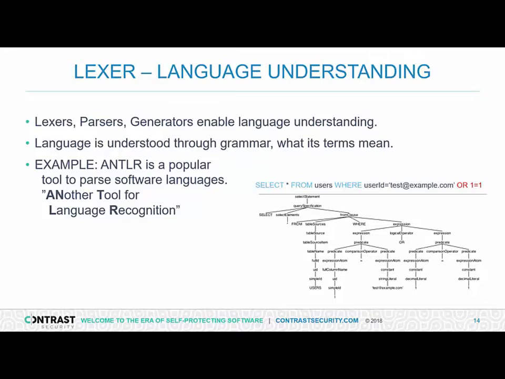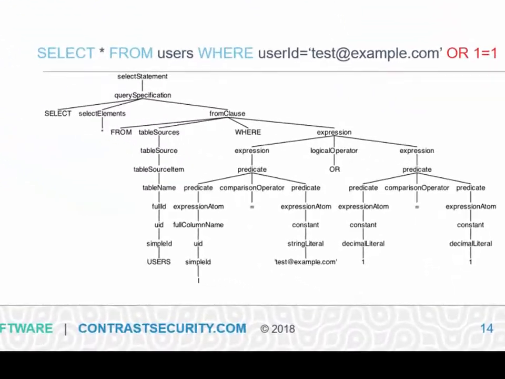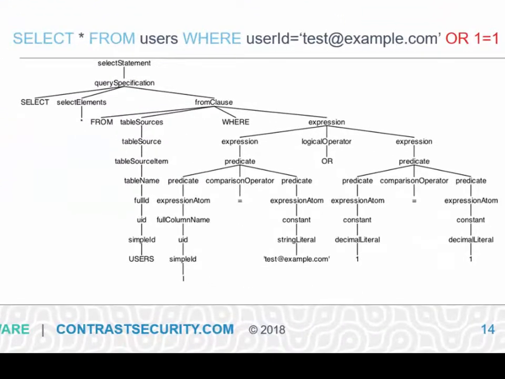And this is used by language designers or people who want to interpret different scripting languages to figure out what something actually means. And so in the case over on the right, we have the canonical SQL injection example of SELECT * FROM users WHERE userID = 'test@example.com' OR 1=1.